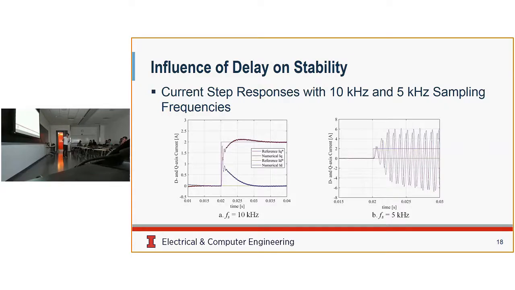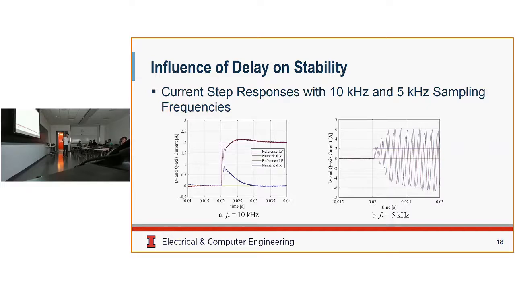The current step response with 10 kilohertz and 5 kilohertz sampling frequencies is shown in the left figure and the right figure. We can see that when the sampling frequency is 10 kilohertz, this system experiences a fast transient at first, for a few milliseconds, but eventually it converges into a stable operation.